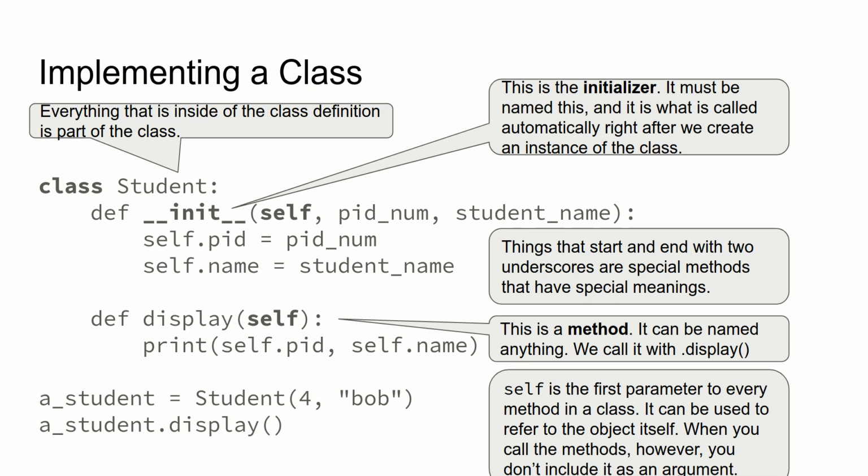We could tell that student object to display itself as well if it has a display method like the one that's written here. So this keeps all our data clustered together in a way that's consistent and sort of linked to each other, using that self variable, that self parameter inside of the class. And it allows us to attach behavior to it, functions to it.